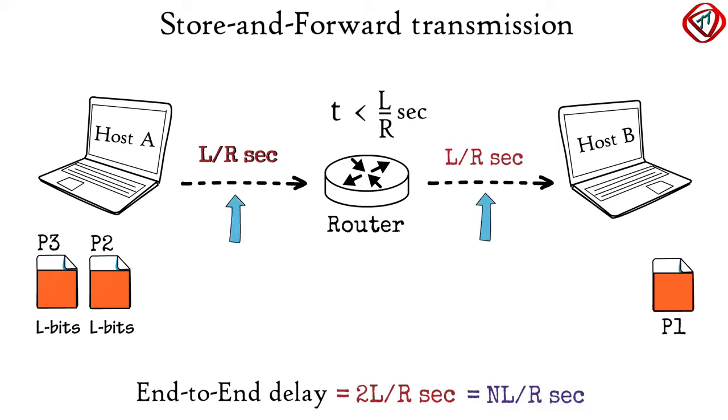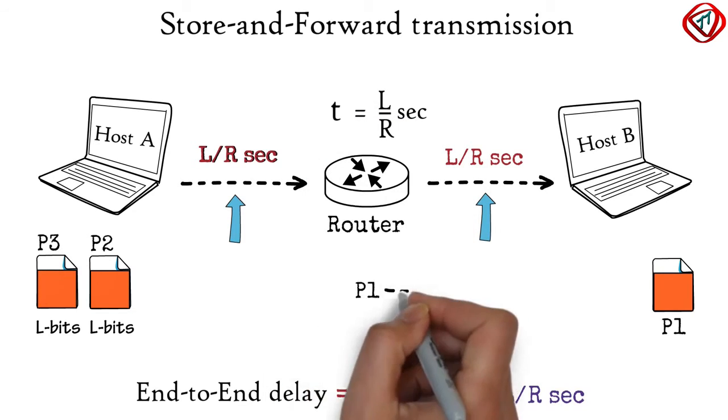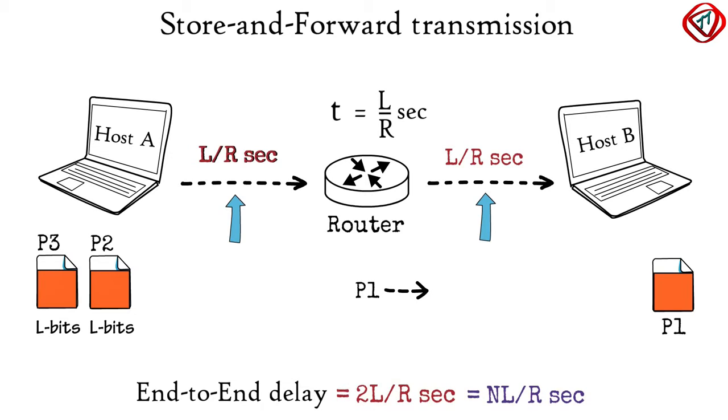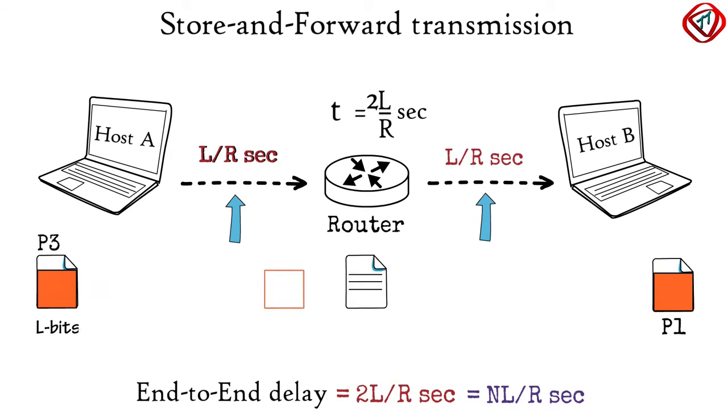In our case, host A has 3 packets. At time L by R seconds, the router has received the packet P1 and has started sending it to the host B. At the same time, host A has started sending the packet P2 to the router. So, at time 2 L by R seconds, host B receives the first packet P1 and the router receives the second packet P2.